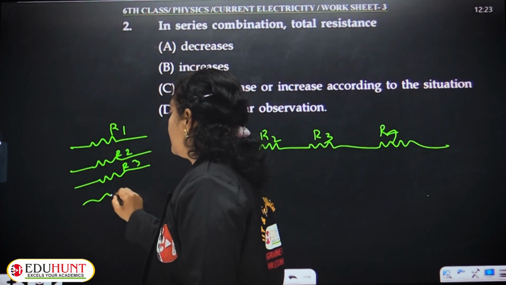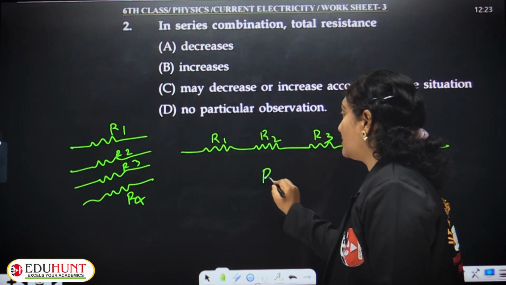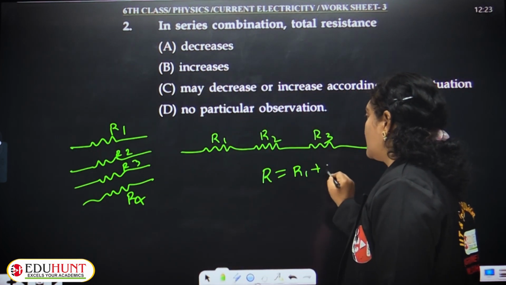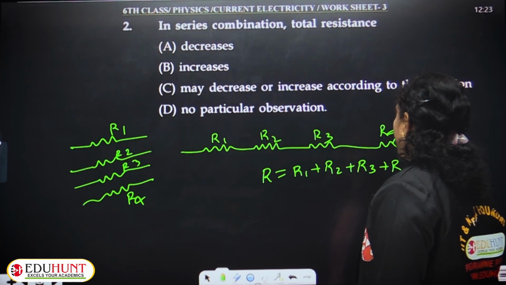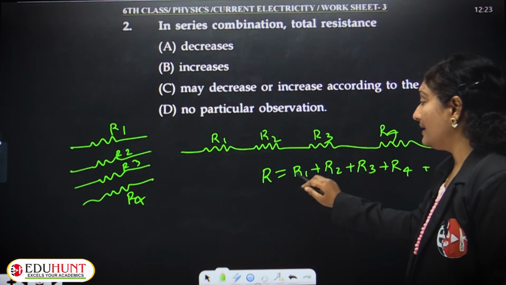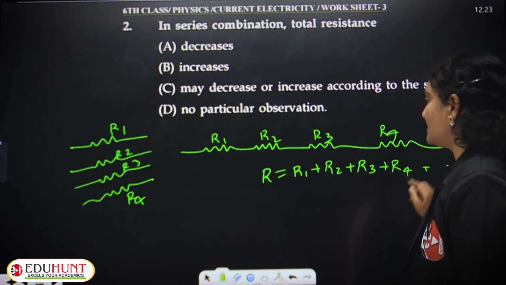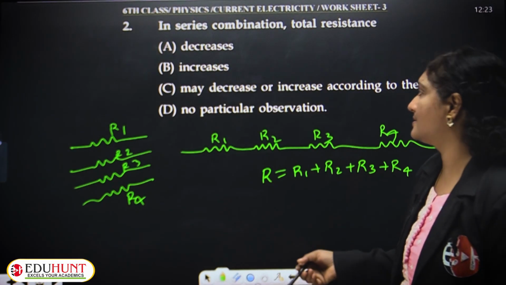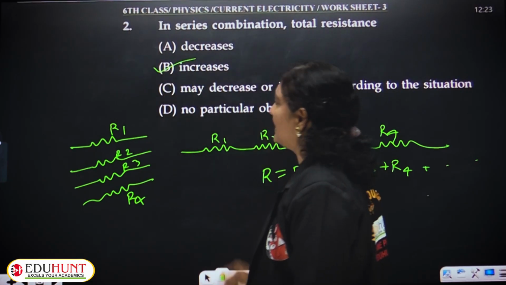If these resistors are connected in series, then the total resistance will be the sum of the individual resistors, that is R1 plus R2 plus R3 and so on. Hence, the equivalent resistance increases. So in series combination, the total resistance increases.